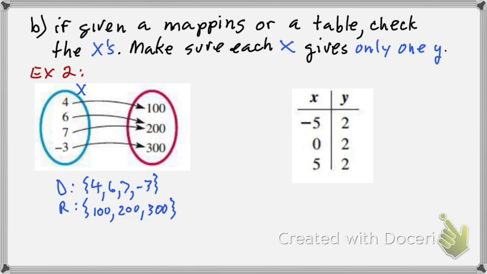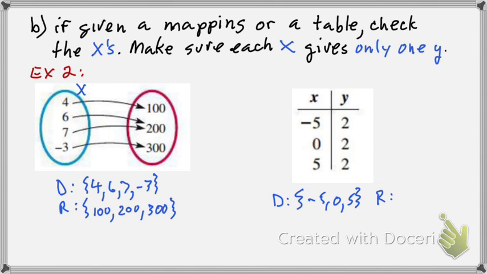Look at the little table. What's the domain? Brenna? Maybe 5, 0, 5. Yep, thank you. And what's the range?